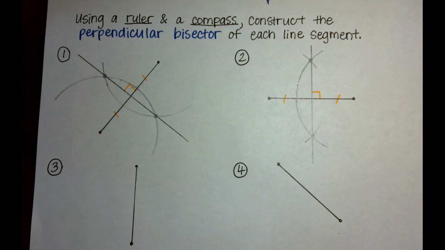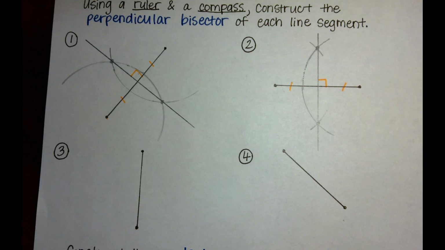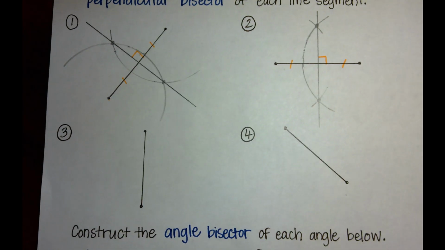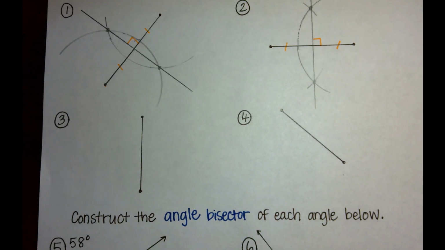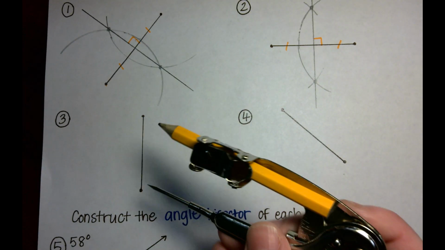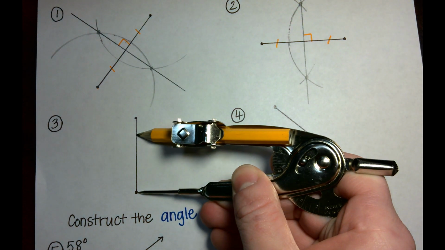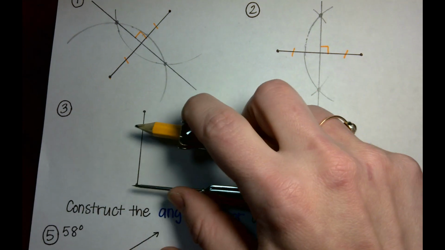So number 2, 3 and 4 are going to be exactly the same, just tilting your paper a little. I'll run through those just in case. Sometimes it's good to see it over and over. Okay, so number 3. Same thing we've been doing. I'm going to put my point on one of the endpoints. Make sure that it's more than half. Make it a little smaller this time.